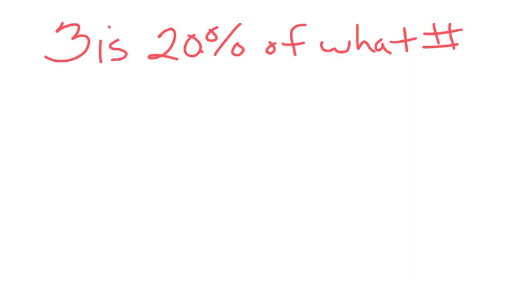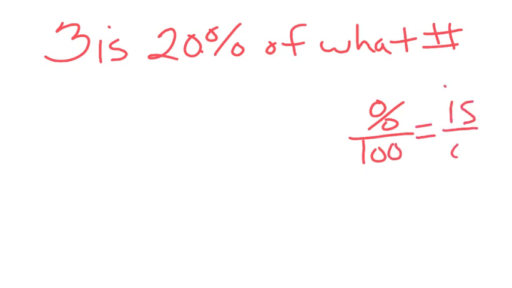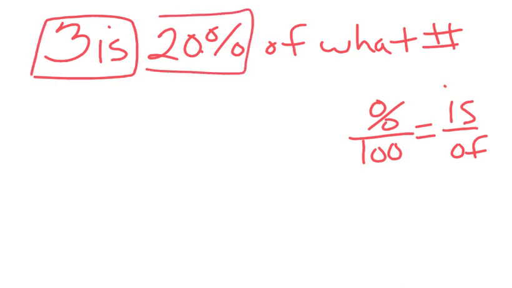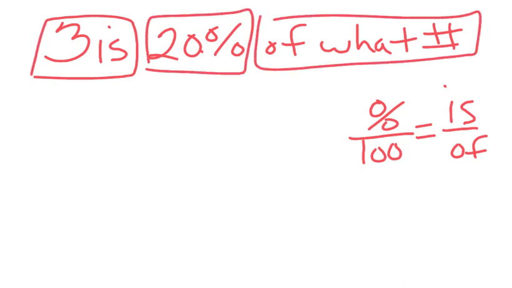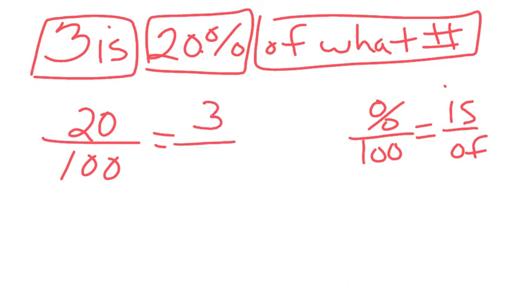Here's the next one. Remember the formula. Percent over 100 equals is over of. So here's our is, here's our percent, here's our of. So 20 goes in the percent spot, 100 goes there, 3 goes in the is spot, and x is our of. That's what we're looking for.